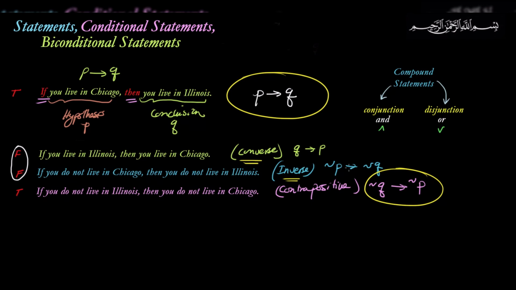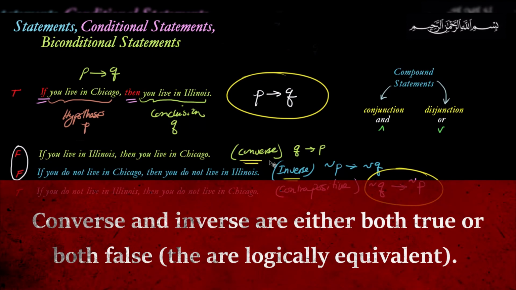Now, in this case, the original statement, if you live in Chicago, then you live in Illinois. The converse of that statement, if you live in Illinois, then you live in Chicago, was false. It does not always have to be the case. That is, these don't always have to be true and false or false and true. But understand that these statements always act as pairs.